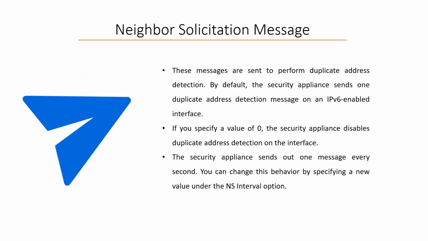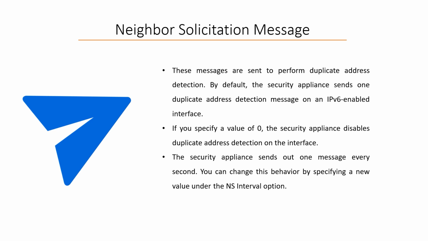Neighbor solicitation message. These messages are sent to perform duplicate address detection. By default, the security appliance sends one duplicate address detection message on an IP version 6 enabled interface. The security appliance sends neighbor solicitation messages only when it needs to do neighbor discovery. You can change this behavior by specifying a new value under the DAD attempts option.